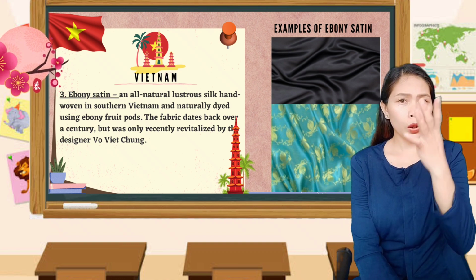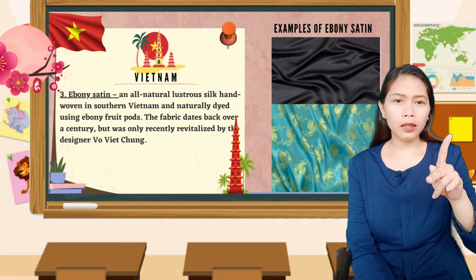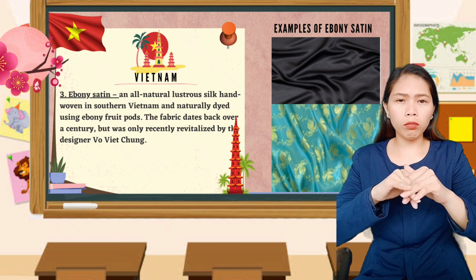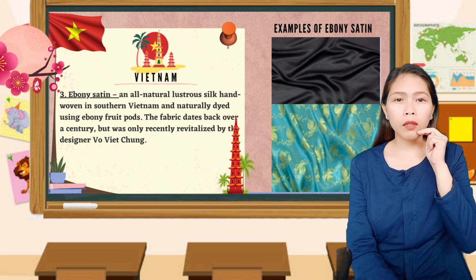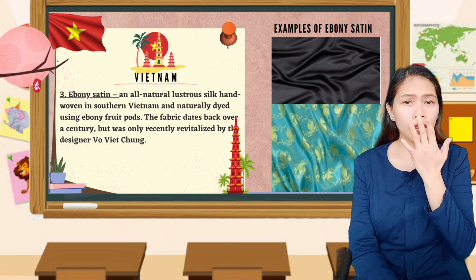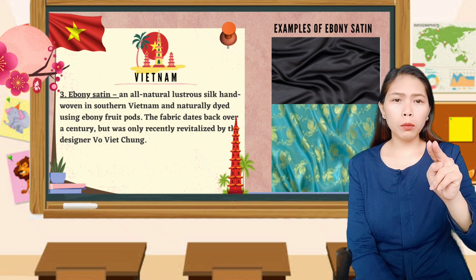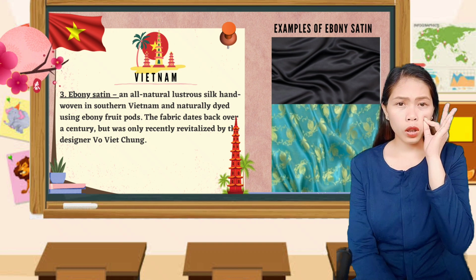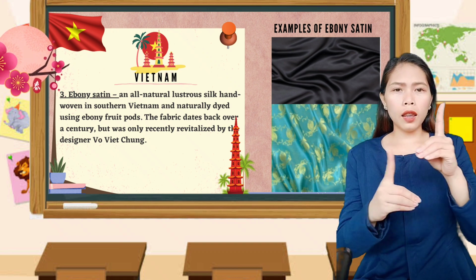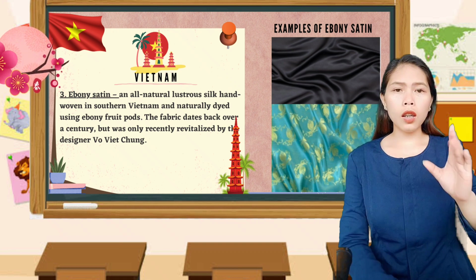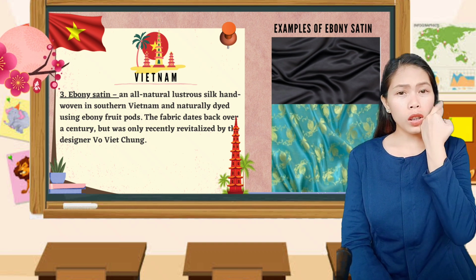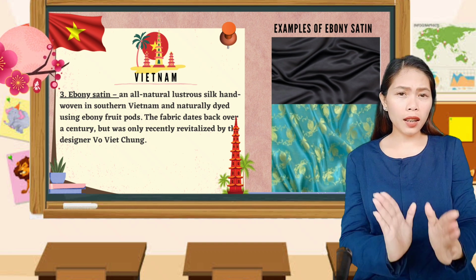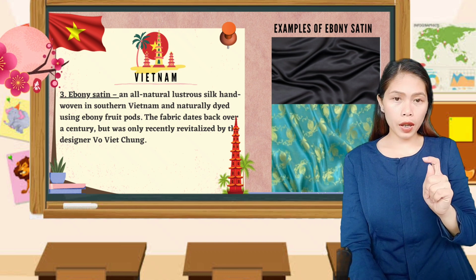All natural luxurious silk, hand woven in southern Vietnam and naturally dyed using ebony fruit pods. The fabric dates back over a century, but was only recently revitalized by the designer Viet Chong.